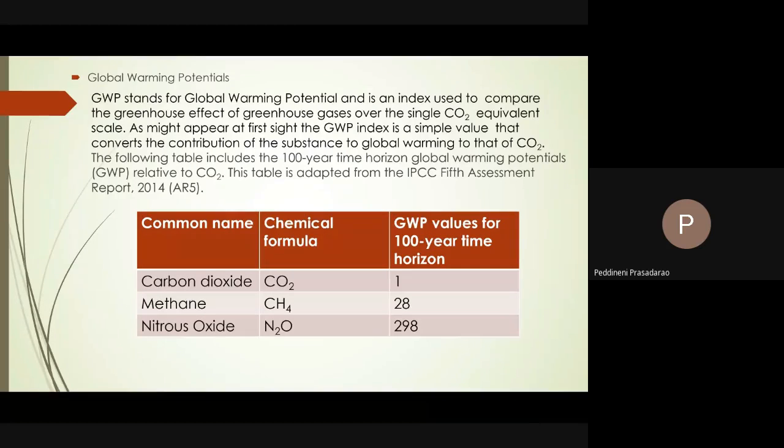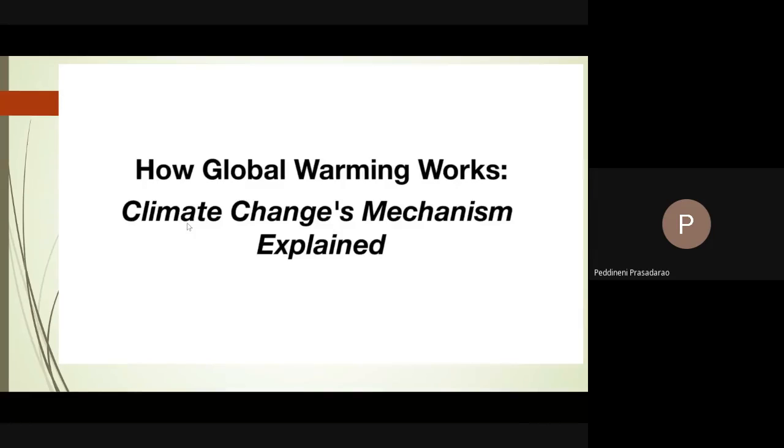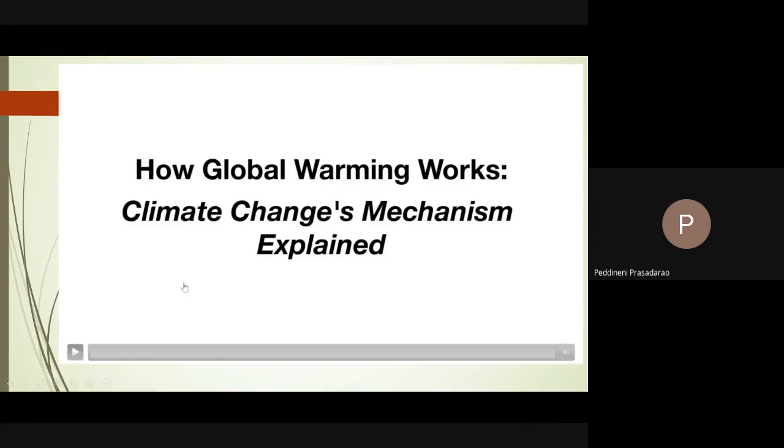All the values are given in the IPCC 5th Assessment Report. You can go through this report and you will find almost all the GWPs of the molecules which are considered global greenhouse gases. So I would like to show you a small video on how this global warming takes place.